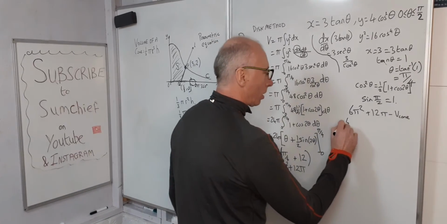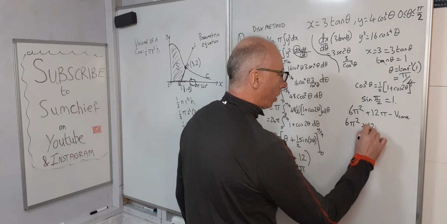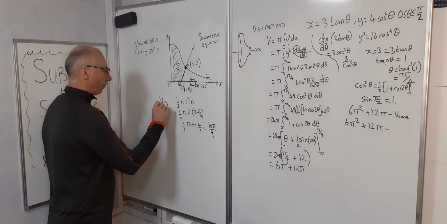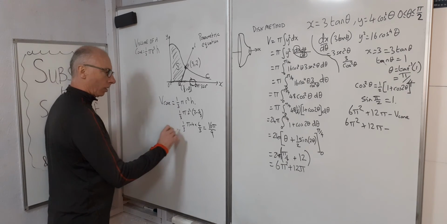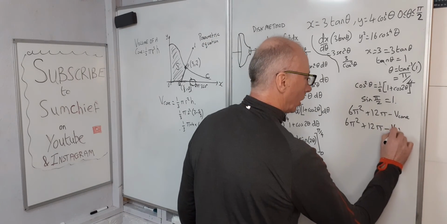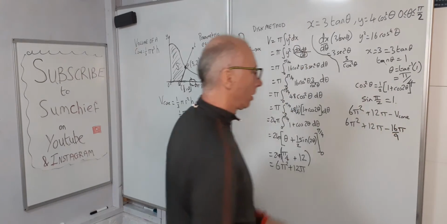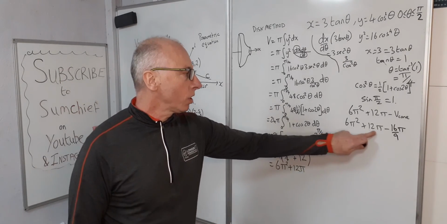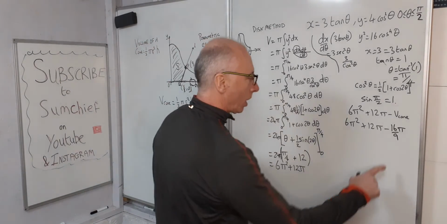So now we've got 6 pi squared plus 12 pi minus the volume of the cone equals this stuff. So 16 pi over 9. Okay, that's going to give you an answer. But we can do better. We can just simplify this up a little bit.